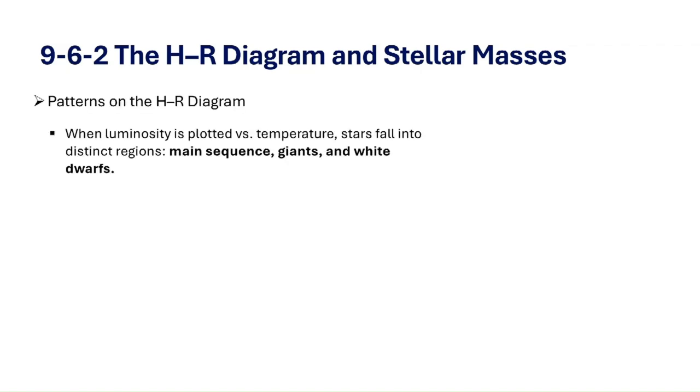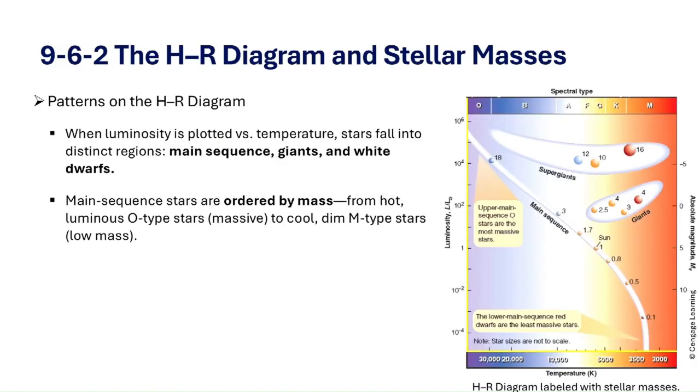Now when we plot luminosity against temperature for a large number of stars, distinct regions emerge. And most stars fall into three categories: main sequence stars, giants, and white dwarfs. And the main sequence is especially important because it shows a clear trend in mass.